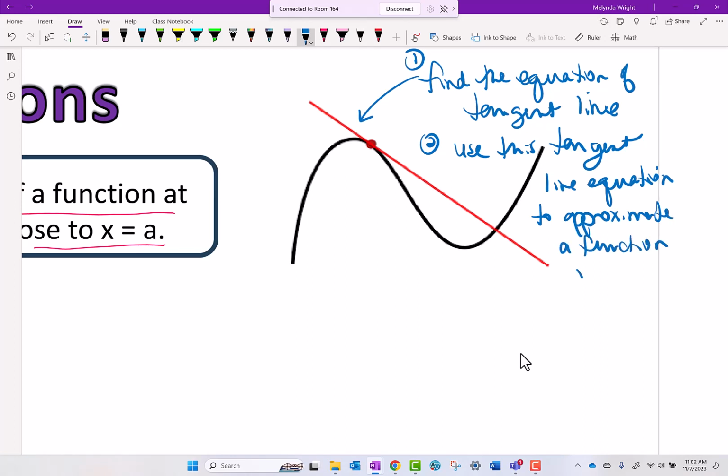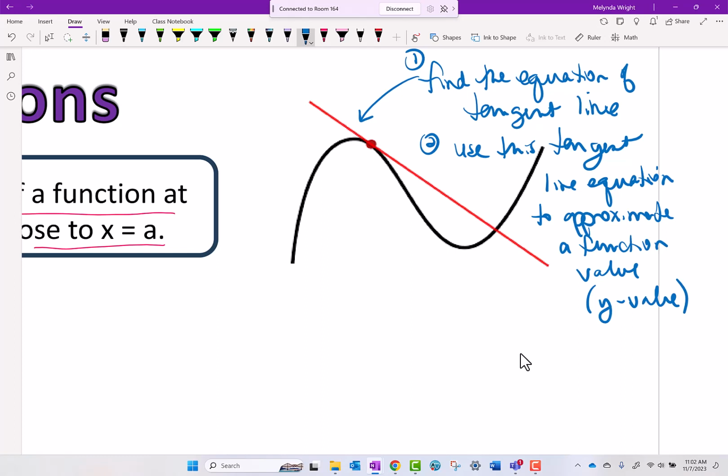And what I mean by function value is y value. Okay, so in this picture, let me go through the steps again. Step one, we would find the equation of the tangent line. Step two, we're going to use this tangent line equation to approximate the function's y value.